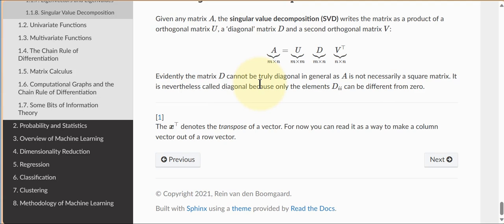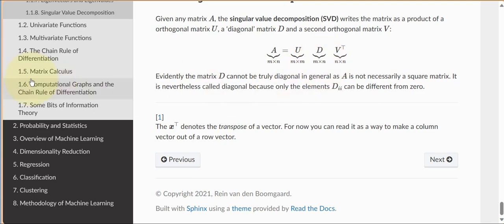The first thing to note is that D is not going to be a truly diagonal matrix, because the size of D is m by n. You can't really have a diagonal matrix unless you have a square matrix.